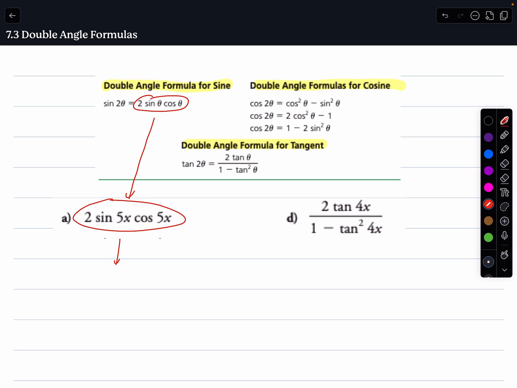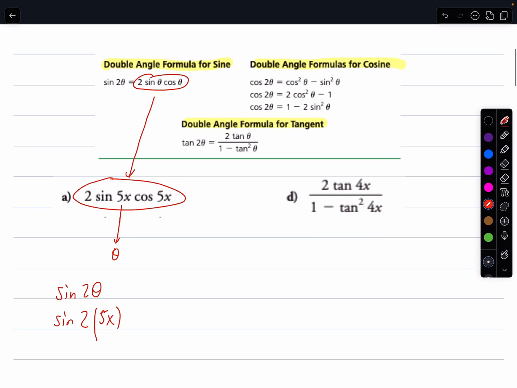Here, the 5x is my theta. So I'm going to have sine 2 theta, which is equal to sine 2 times my 5x, and therefore my answer is sine 10x. It's really just identifying which double angle formula we're using.